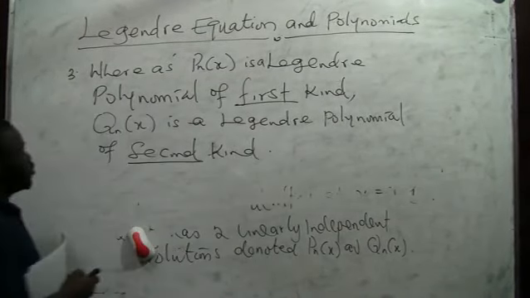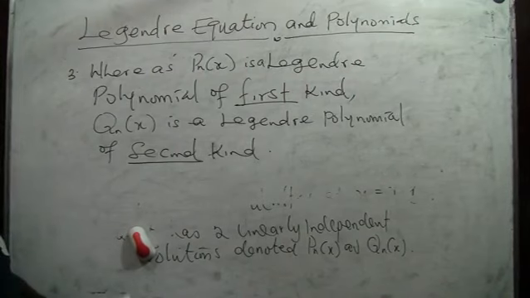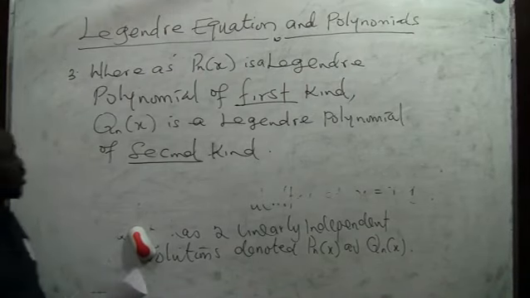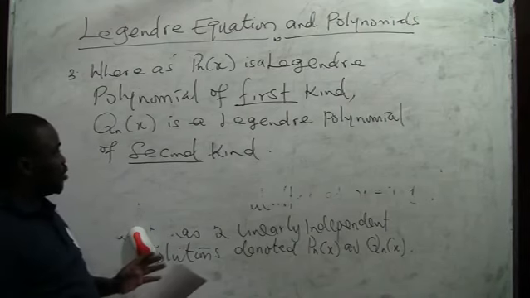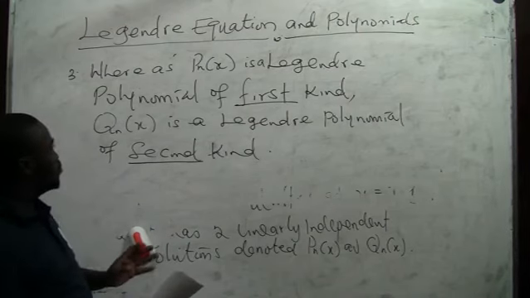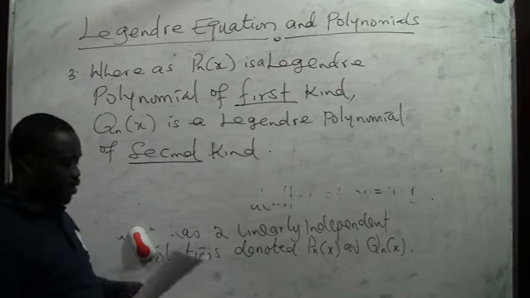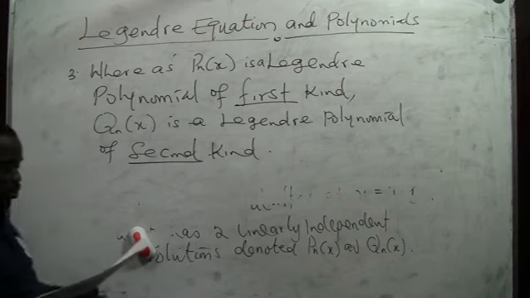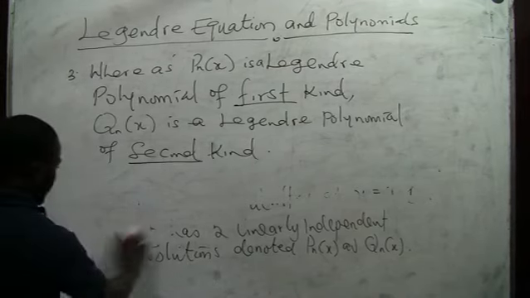So we denoted the two solutions of equation 1 as Pn of x and Qn of x. And the two solutions are called the Legendre polynomial of the first kind and the Legendre polynomial of the second kind.